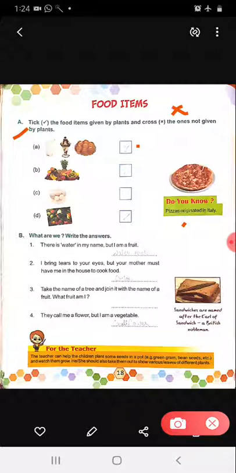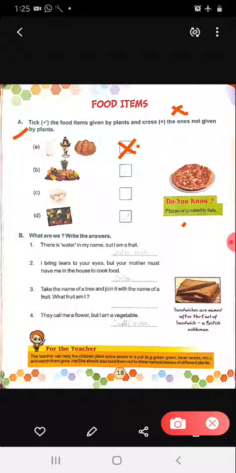So here ice cream, milk, and laddu, all these come from where? Not from a plant. So in this box make a cross mark. The next one: all the fruits come from a plant.